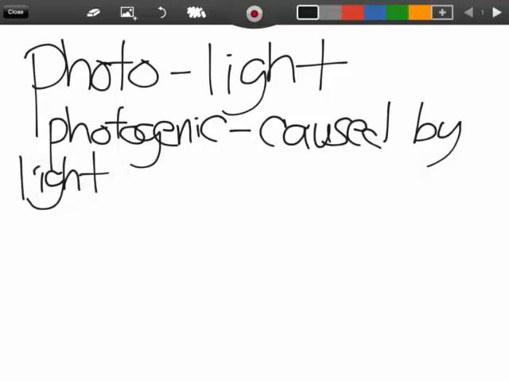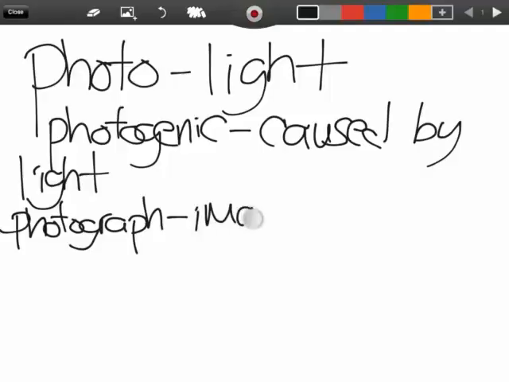And my second word is going to be photograph, and the meaning of that word is image made on light.